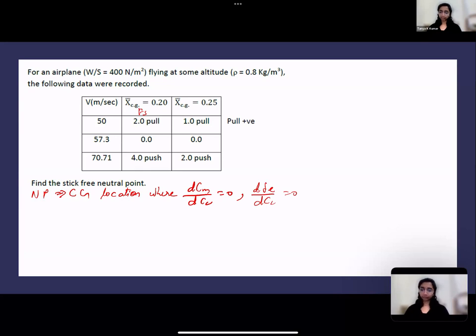Okay, let me just proceed. Now, if I were to do stick-free neutral point, we discussed this in the previous question. It is the CG location where, what is the condition for stick-free neutral point?